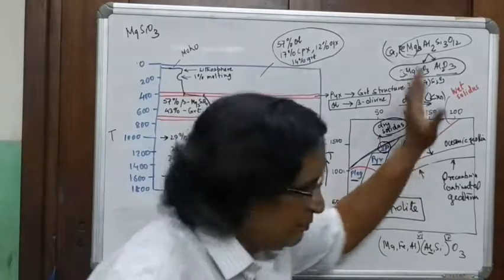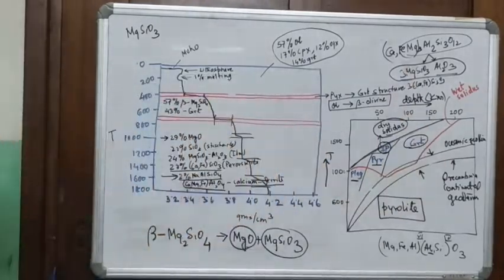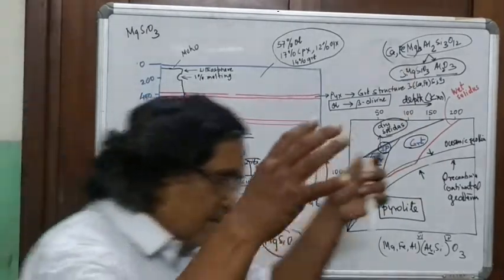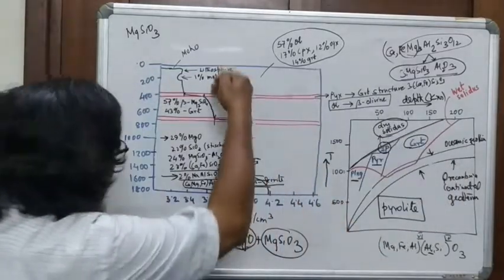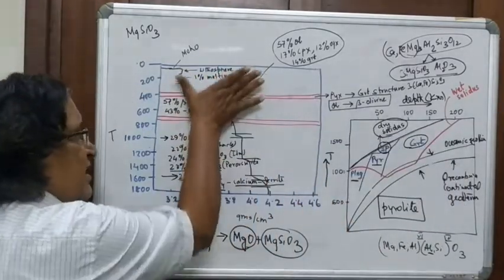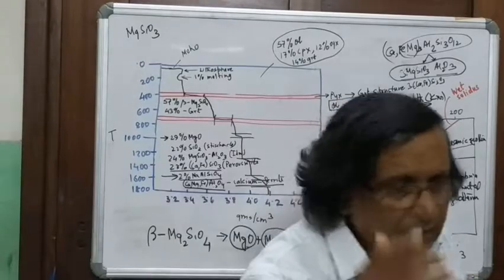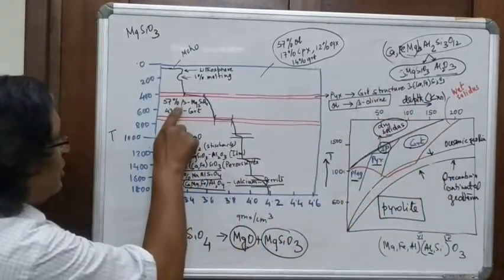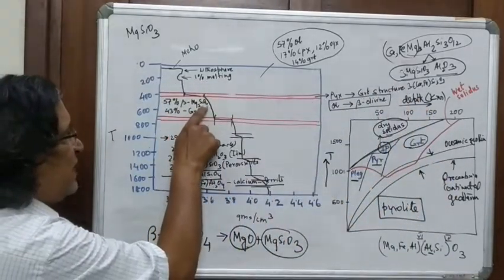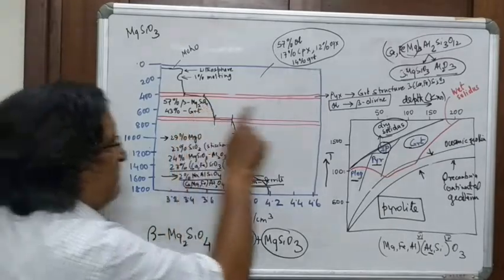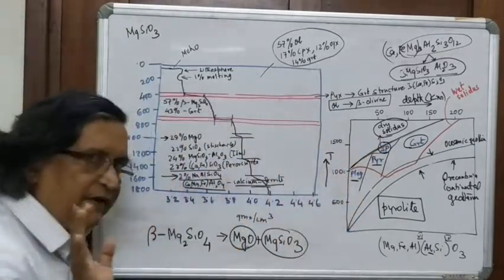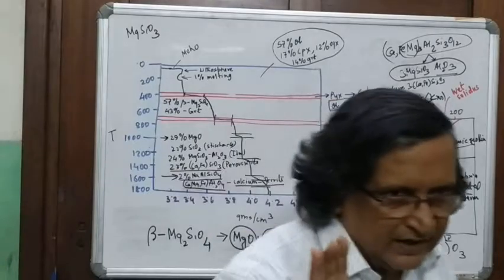Now, if you look at the mantle, not very deep, but maybe 670 kilometers, we don't know whether beta Mg2SiO4 partitions the same way as normal olivine. One has to find it out.